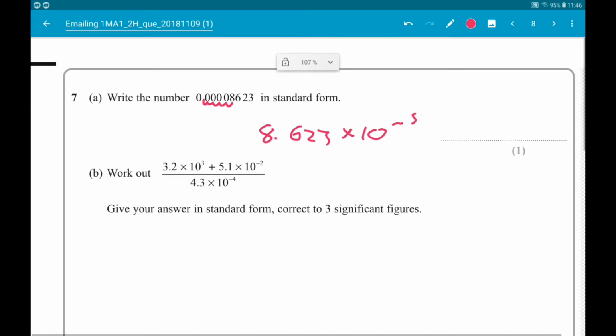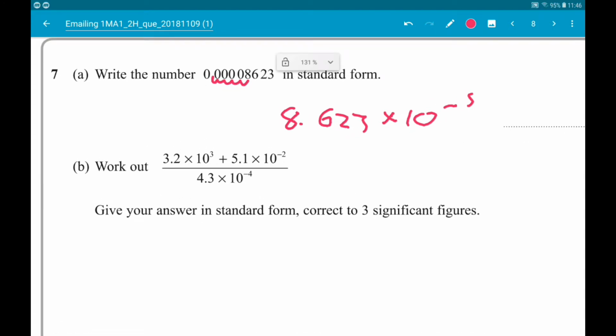Okay, then part B. It says to work out 3.2 times 10 to the power 3, add 5.1 times 10 to the minus 2, all divided by 4.3 times 10 to the minus 4, giving your answer in standard form correct to 3 sig figs.